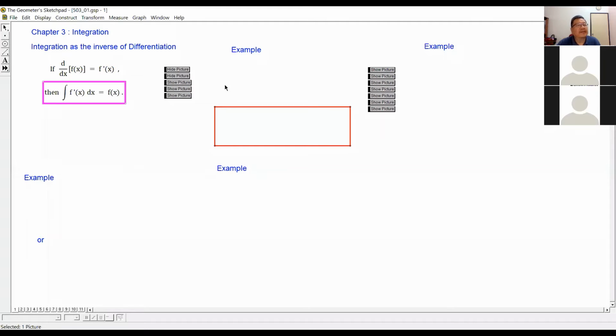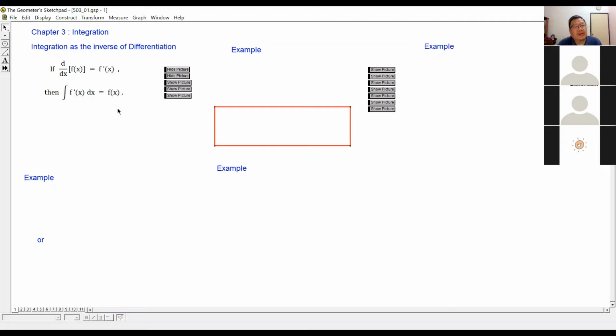Now if that is the case, then we integrate the f prime x with respect to x, you will get back the f(x). So in other words, integration is the inverse of differentiation. It is the reverse process. Another time, I repeat, integrate f prime x with respect to x, you get back your f(x).